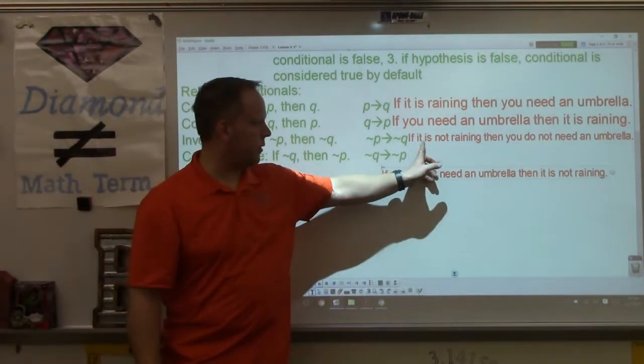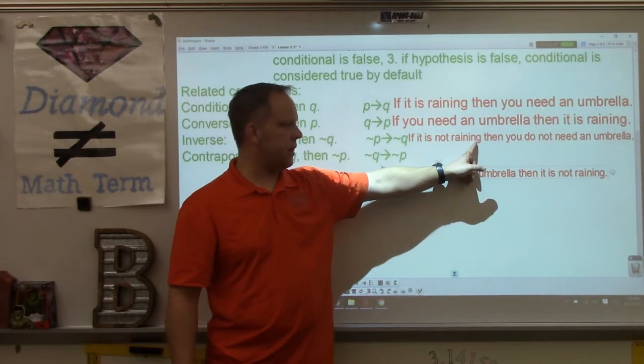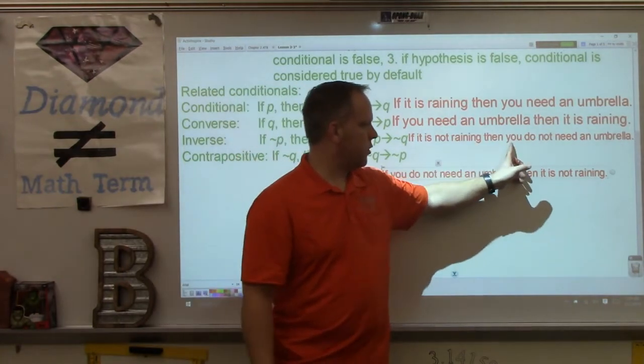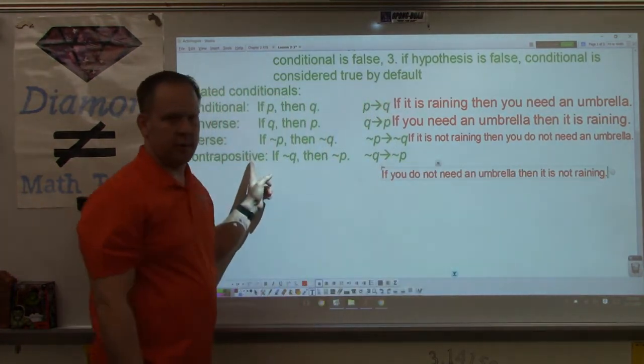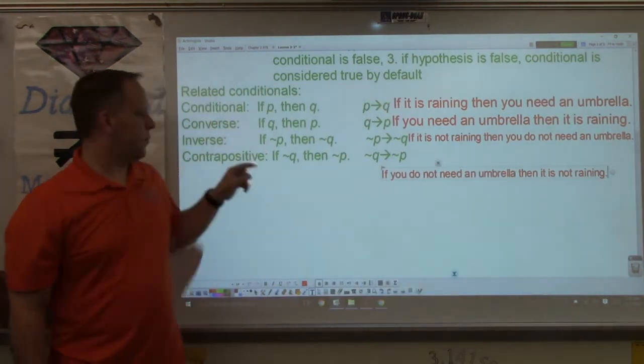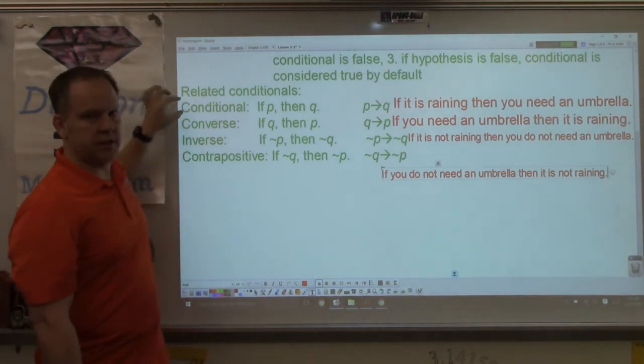Again, all I did was I took this, if it is not raining, and switched it with, you do not need an umbrella. I just took these and switched them to get the contrapositive. Those are the three relatives of the original conditional.